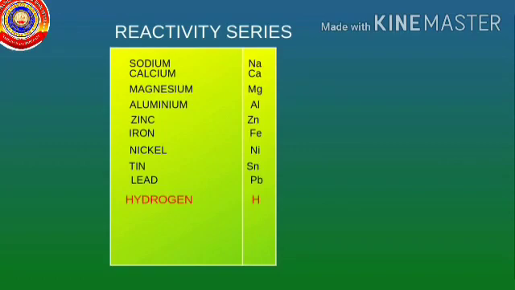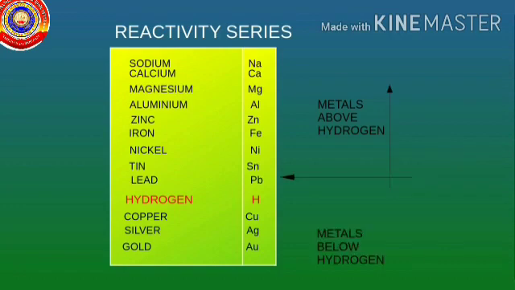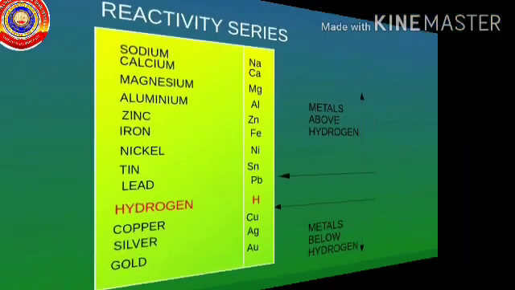Note, the nonmetal hydrogen is also included in this series. This reactivity series is used to compare the reactivity of metals. The metals above hydrogen in reactivity series can displace hydrogen from dilute acids, whereas those below hydrogen cannot.